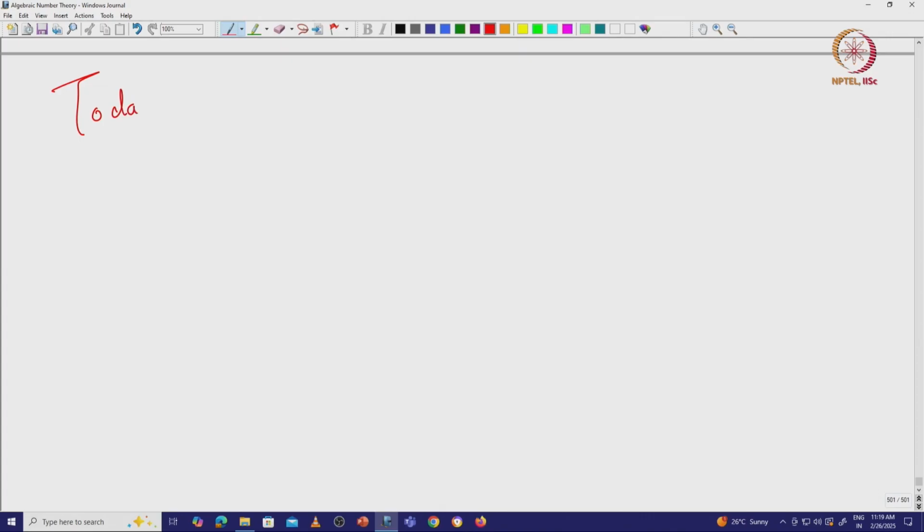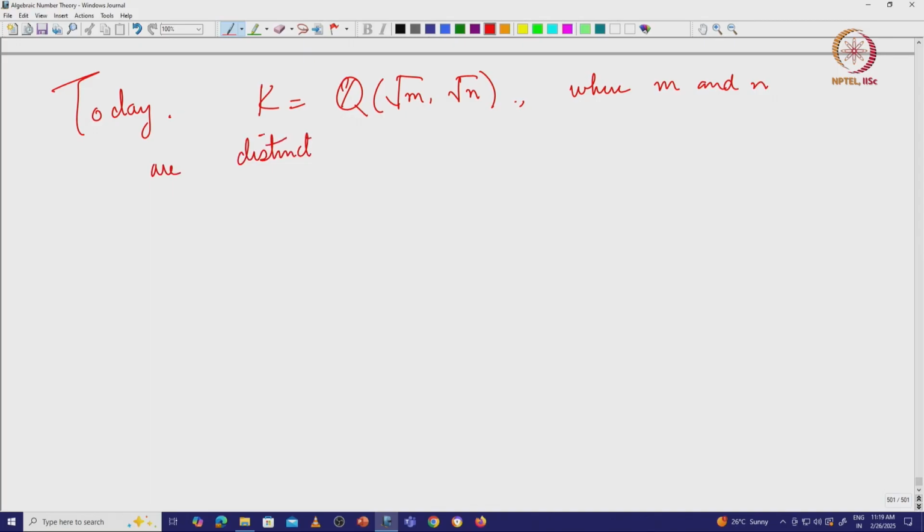Today we will study K equal to Q(square root of m, square root of n), where m and n are distinct square free integers.